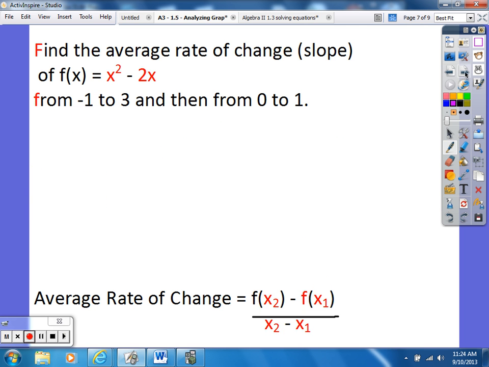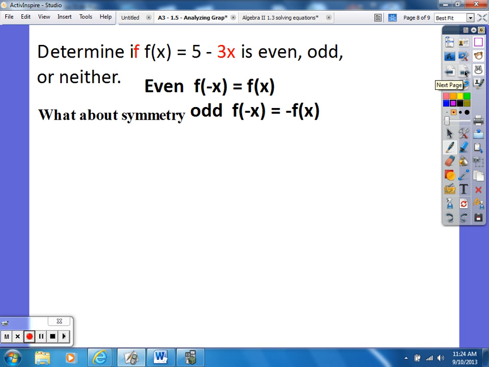One more problem. This is it. We're going to determine if this is even, odd, or neither. Now I know I said what about symmetry also, but you can look back for your symmetry stuff if you'd like, but let's talk about even and odd. So I'm going to check even first.